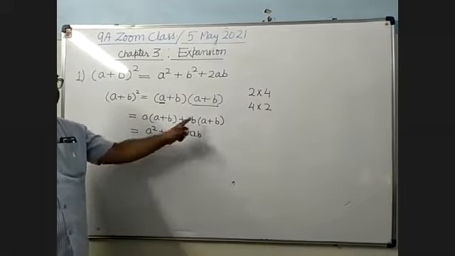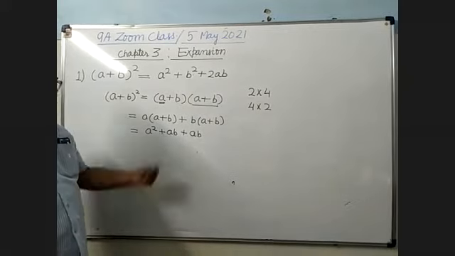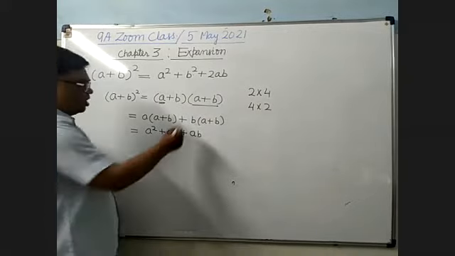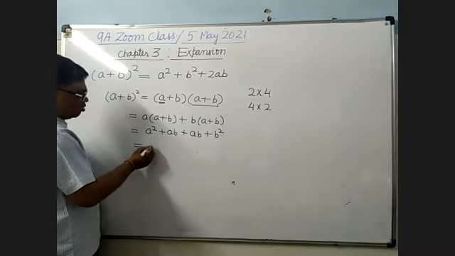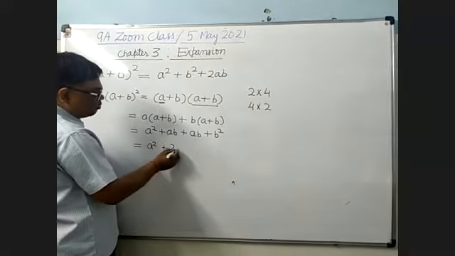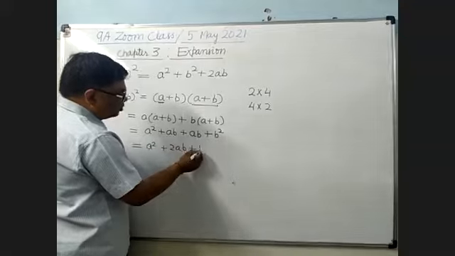So b into a is ba, but we will write ab because already there is one ab, and b into b, b square. So this will be equal to a square plus 2ab plus b square.